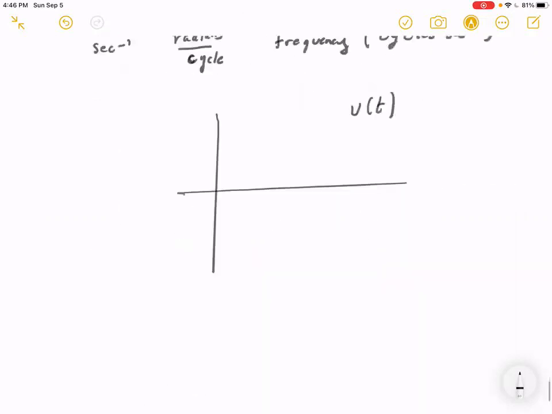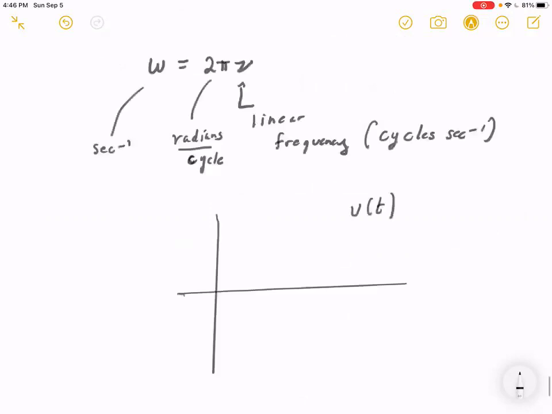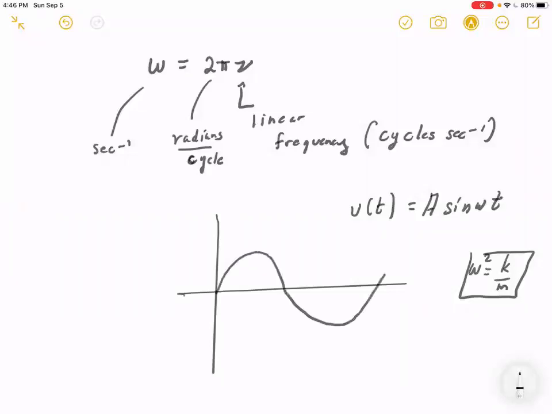I've guessed this solution, and it turns out that this is a great solution, provided that omega squared equals k over m. So this amplitude as a function of time is sinusoidal. Here I'm plotting displacement as a function of time.